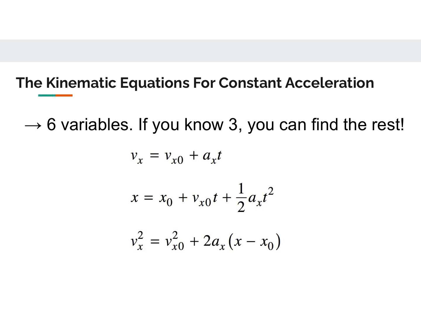The cool thing about them is if you know any 3 of the 6, you have the information needed to find the rest. Those 6 variables are initial position, final position, initial velocity, final velocity, acceleration, and time.